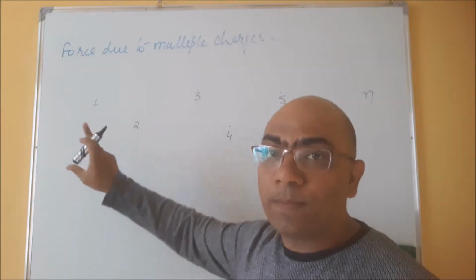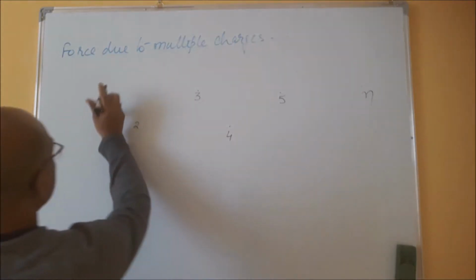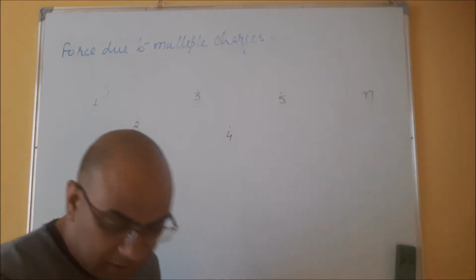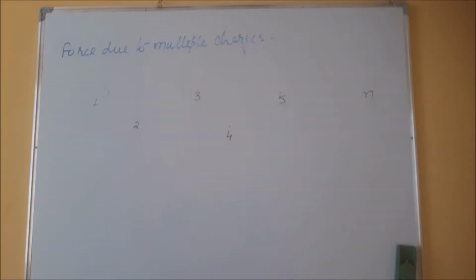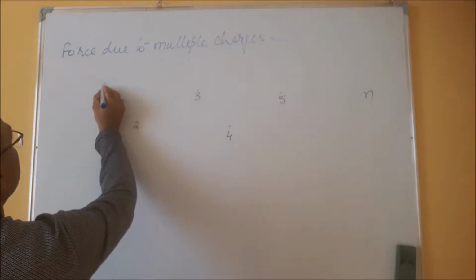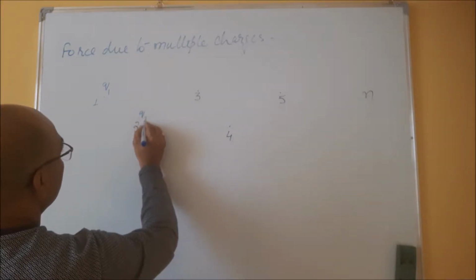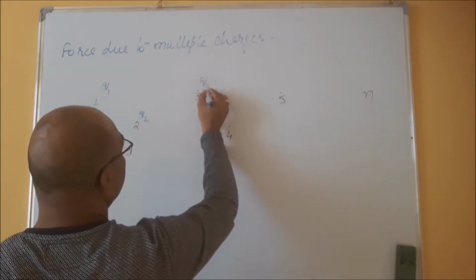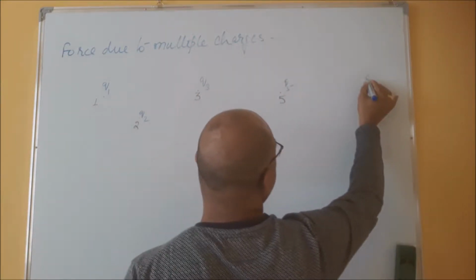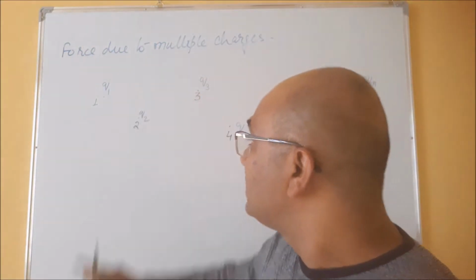If I want to know the force on charged particle 1, suppose the charge of this particle is q1, this charged particle has value q2, this q3, this q4, this q5, and the last one qn.